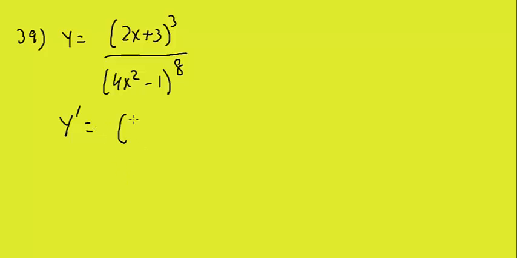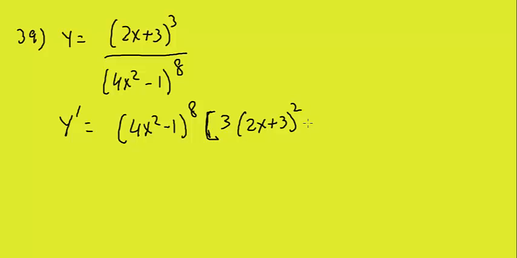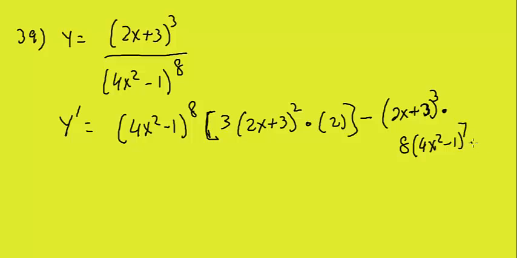So denominator, which is 4x squared minus 1 to the 8th, times the derivative of the numerator, but the numerator, what's the outermost function there? 3, so it'll be 3 times 2x plus 3 to the second times the derivative of the inside, which is 2, minus the numerator, which is 2x plus 3 to the third, okay, times the derivative of the denominator, which is, what is my outside function in the denominator? 8, okay, 4x squared minus 1 to the 7th, times the derivative of the inside, which is 8x.